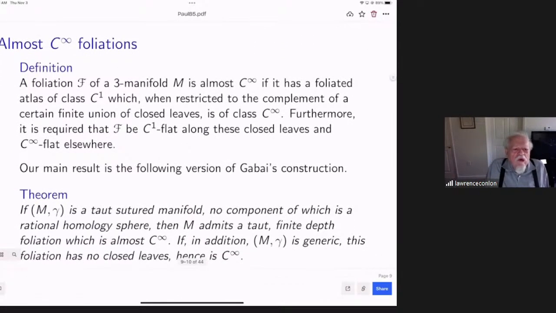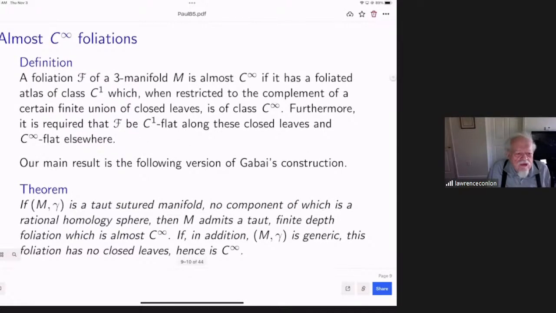Now, what do I mean by an almost C infinity foliation? A foliation of a three manifold is almost C infinity if it has a foliated atlas that's C1, but the atlas restricted to the complement of a certain finite union of closed leaves is actually C infinity.